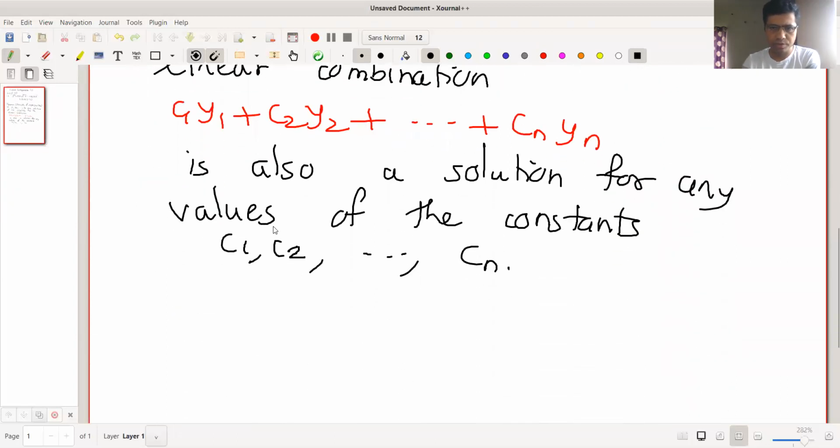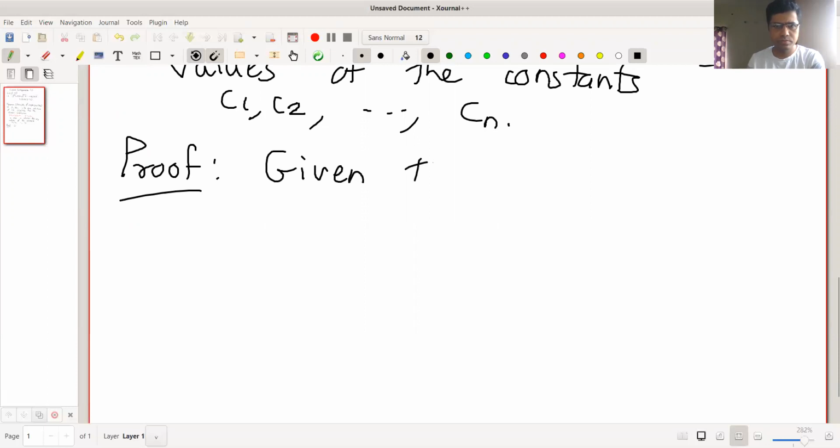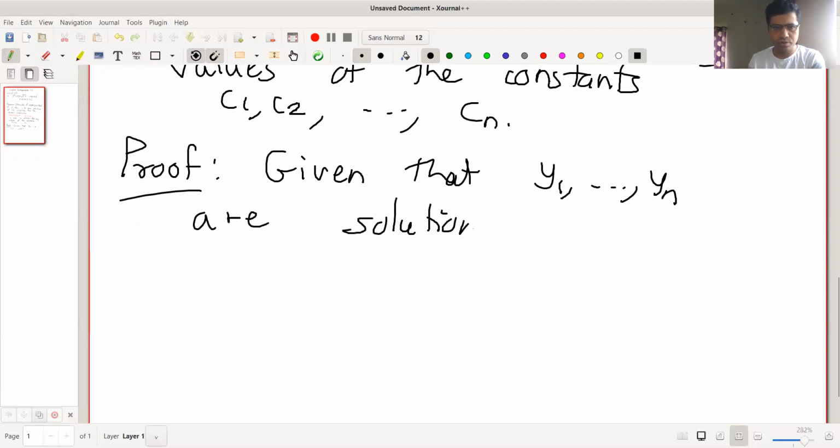Let us see the proof. Given that y1, y2, and so on yn are solutions of L of y equal to 0.